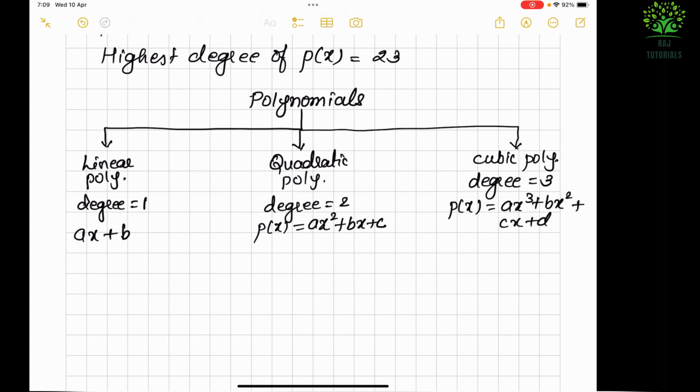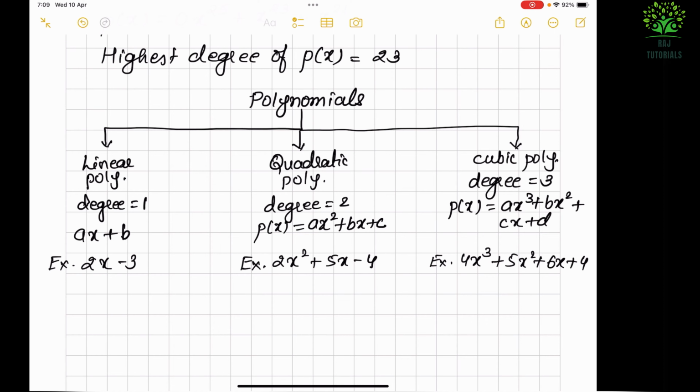For linear polynomial I can give 2x minus 3. In quadratic I can give 2x square plus 5x minus 4, and in cubic I can give 4x raised to 3 plus 5x square plus 6x plus 4, or any such values.